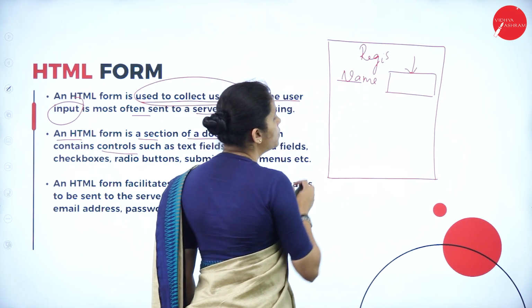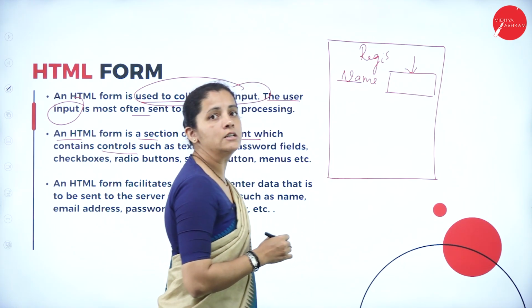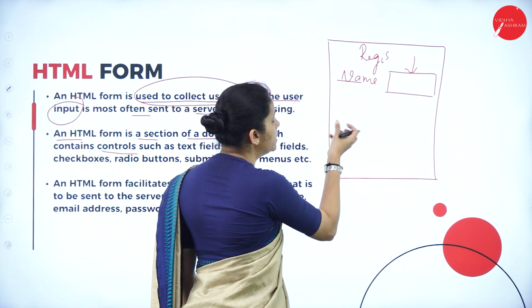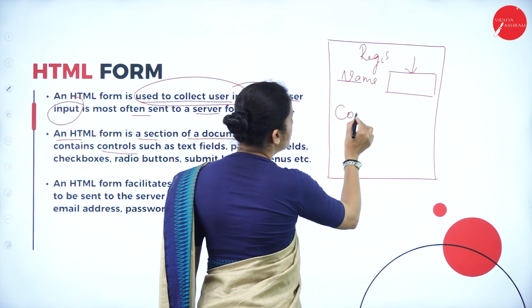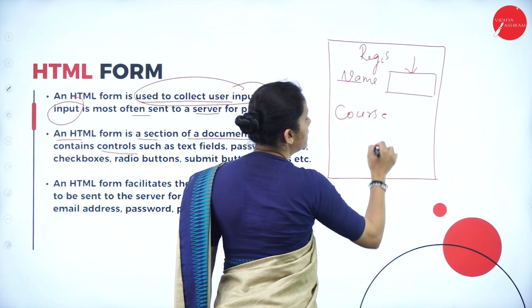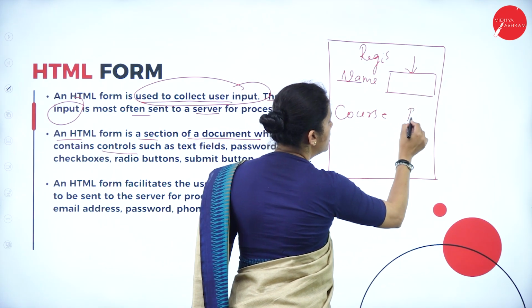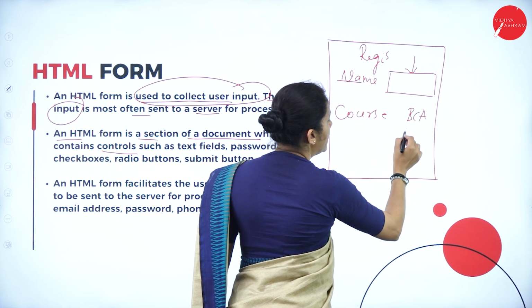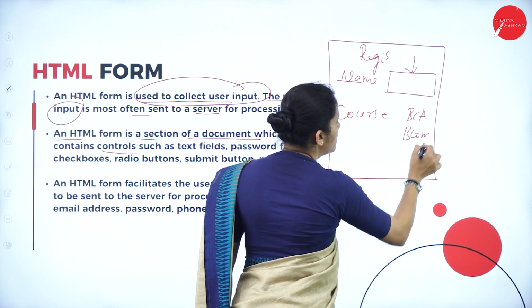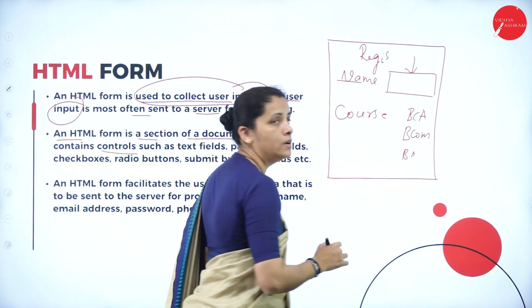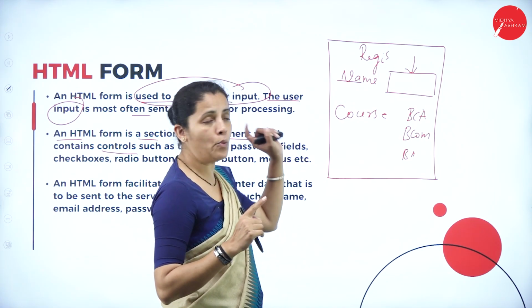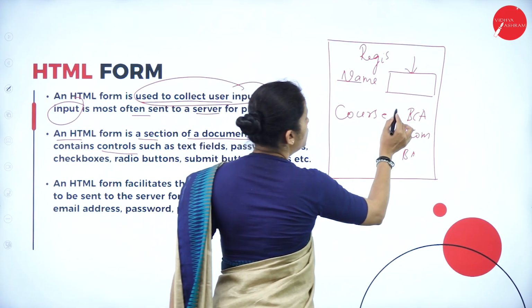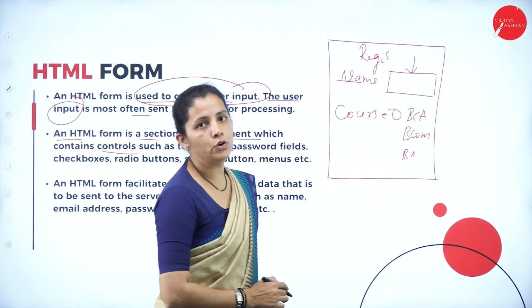Now the student wants to mention the section or their specialization. So it is a course and they will get options like BCA, then B.Com, then BBA. One student can have only one course, so I'll go with the radio button.